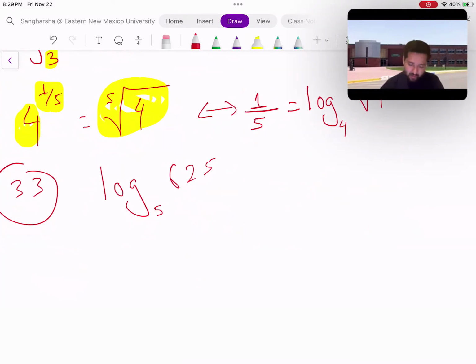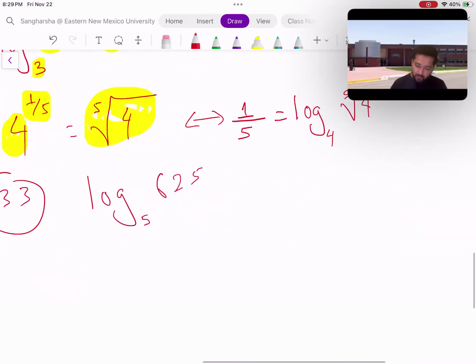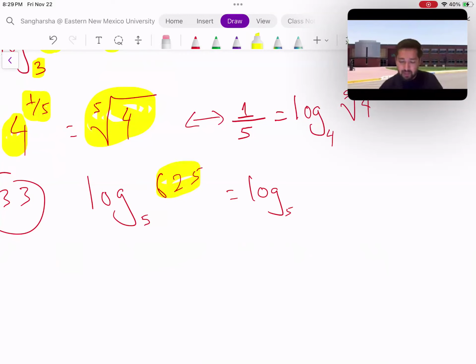Now here you need to use the log properties. The base for this log is 5. Now you try to rewrite this 625 in terms of base 5.